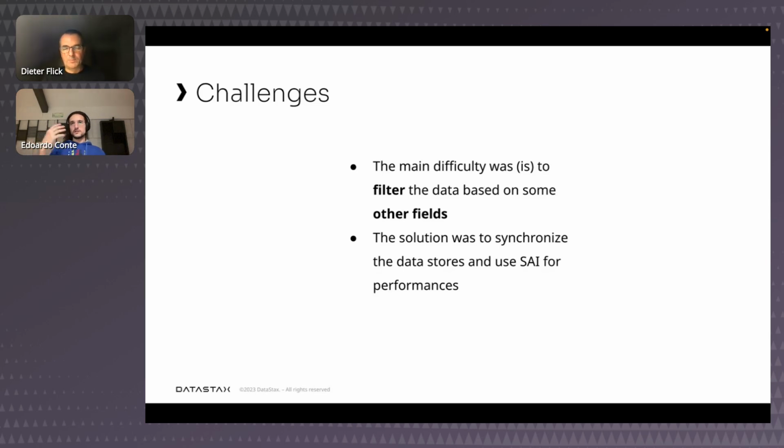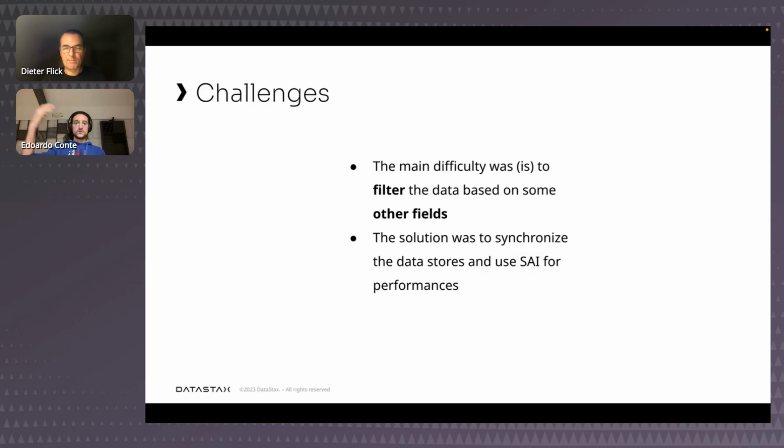In that case, it's not impossible, of course, but you need to design some solutions. For our case, it was to synchronize our own operational database with DataStax, with Astra DB, also for these fields. So these fields were synchronized with Astra DB, and we needed to keep this synchronization for updates.